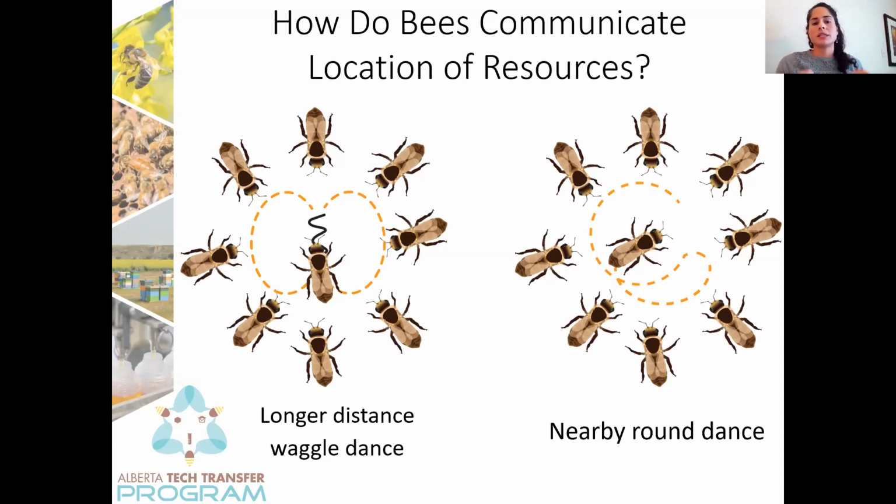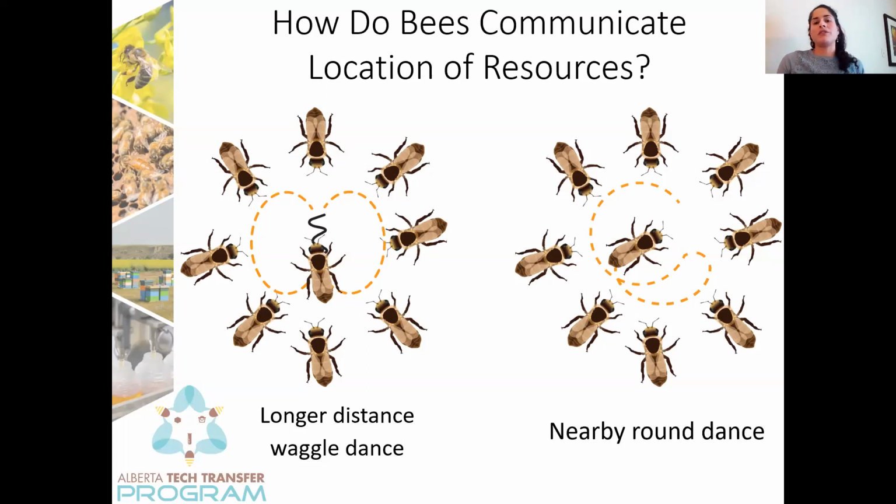They also give a sample of the resource that they are communicating about, so the bees can have a taste for it and I guess decide on their own if it's worth the time or not. The nearby distance dance is called the round dance.